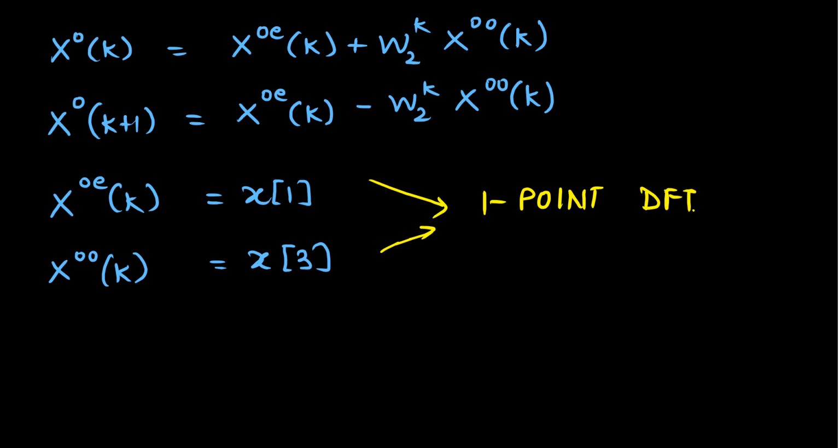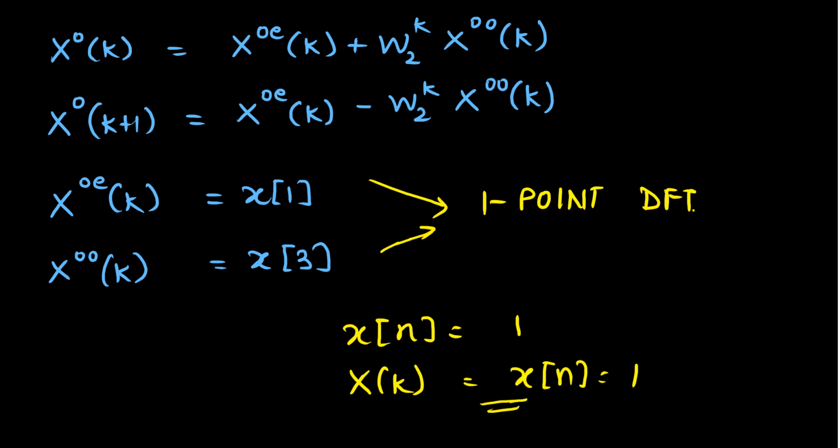That is, if we have, say, x of n equal to 1, then its DFT, that is X of k, would be equal to x of n, which would be equal to 1 itself. It means the 1 point DFT would be the signal value itself. So if we go on splitting the initial DFT till the 1 point DFT, what we are left with is the signal value itself.